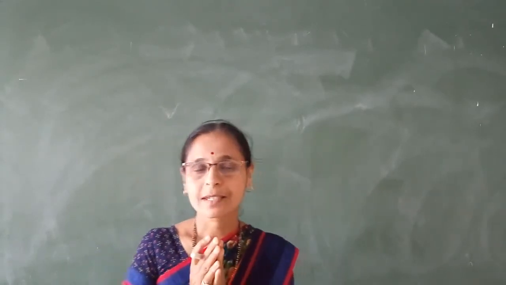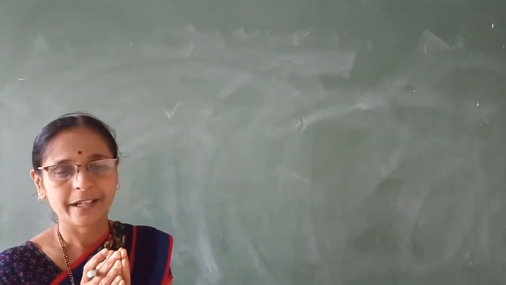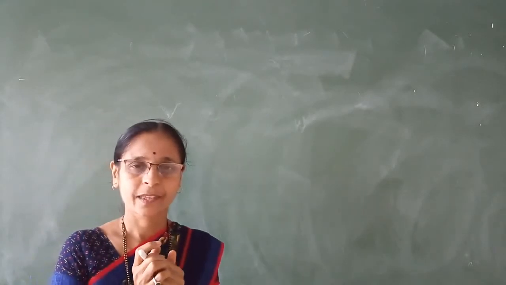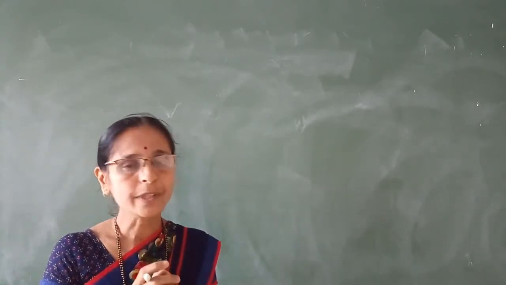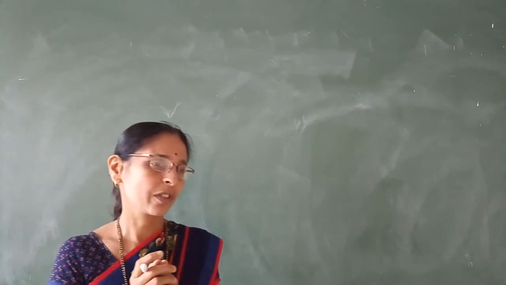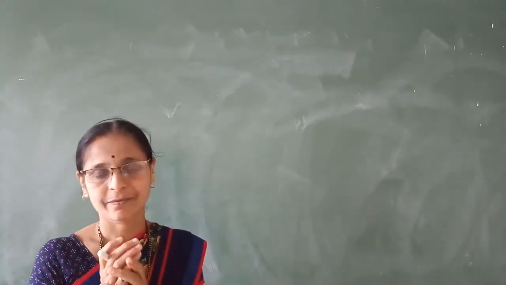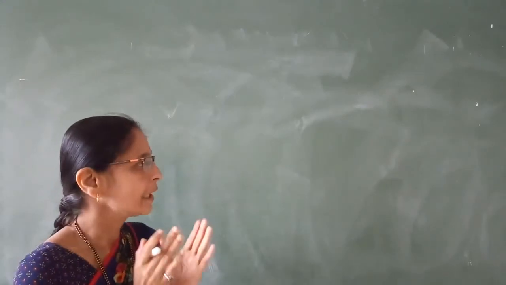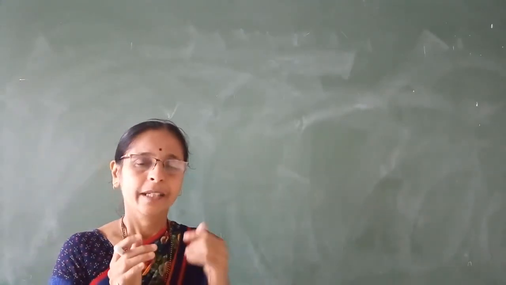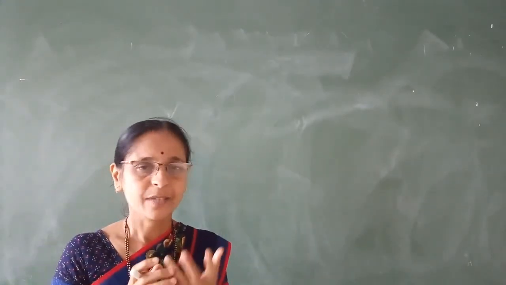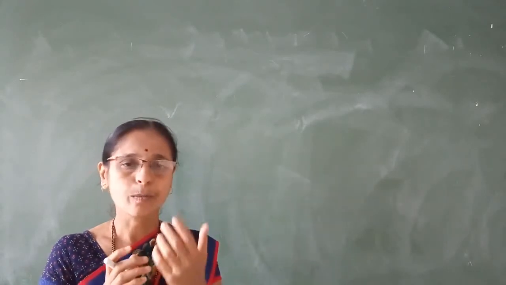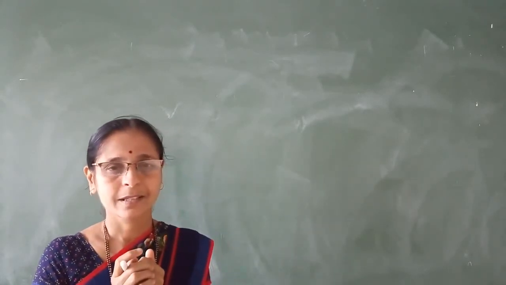So students, today in this section we are going to get more information about the different types of goods. For example, normal goods, inferior goods, substitute goods and complementary goods.